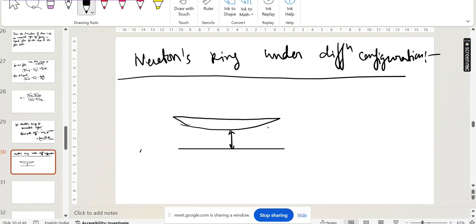So from this to this, there is a thickness called x.